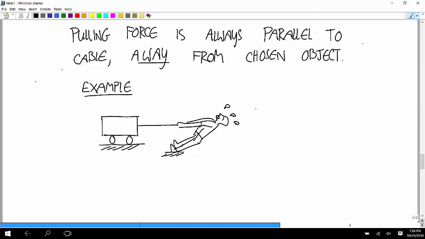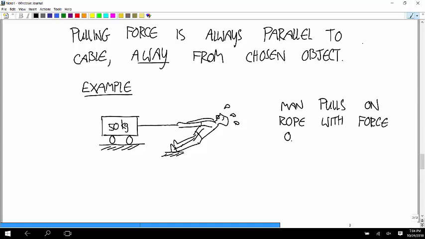Let's say this man is 50 kilograms, and he pulls on the rope with a force of 20 newtons. What's the acceleration of the cart?